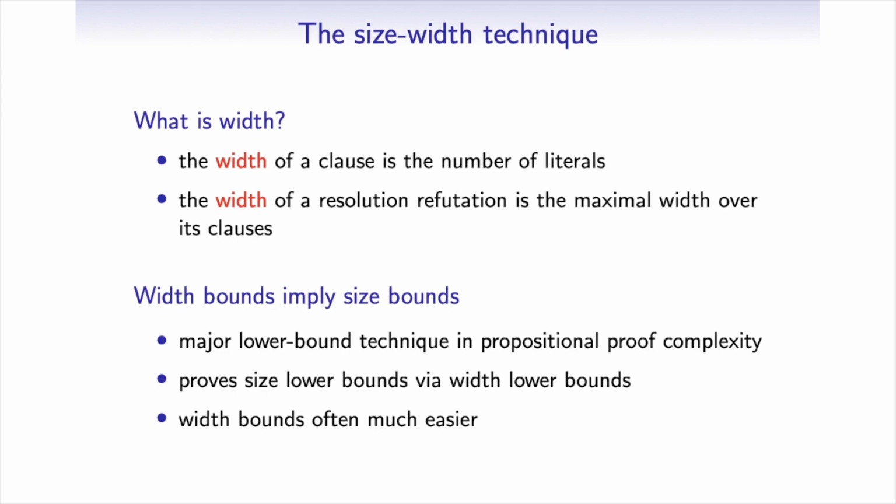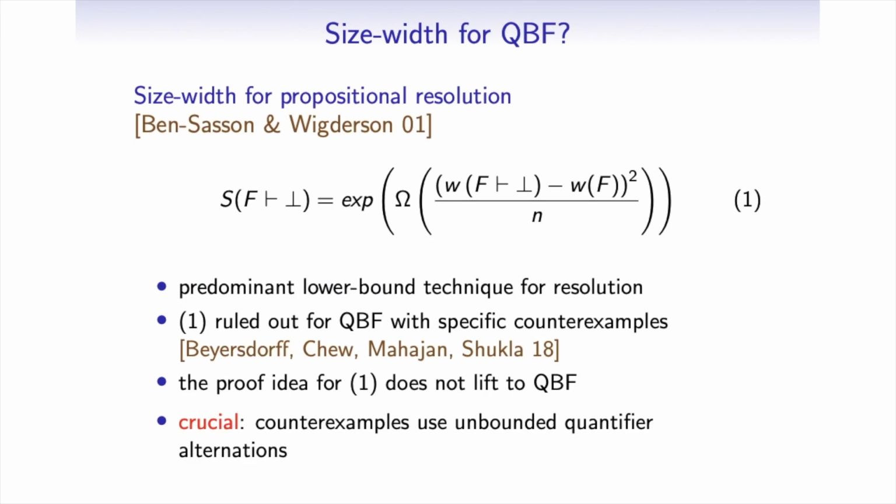What you can do is say, well, actually, they require wide resolution refutations. Therefore, they also require large resolution refutations. The point is that these width bounds are often much easier to prove. And since the width lower bound implies a size lower bound, you reduce your problem to just proving a width lower bound. So that's the idea there.